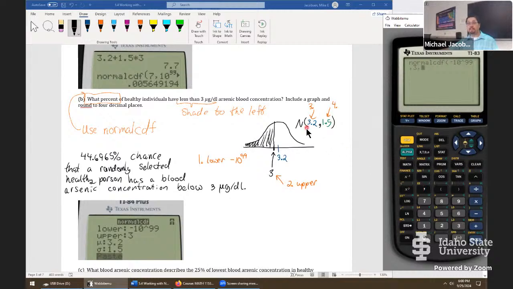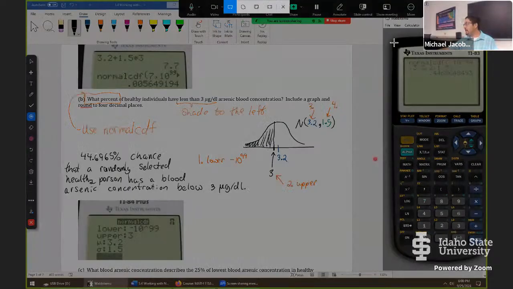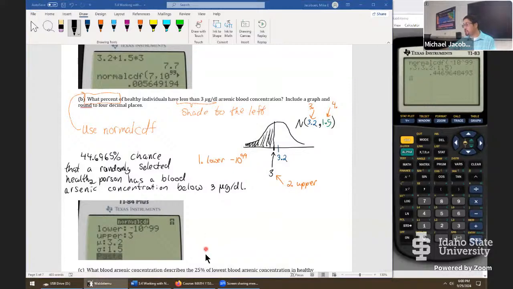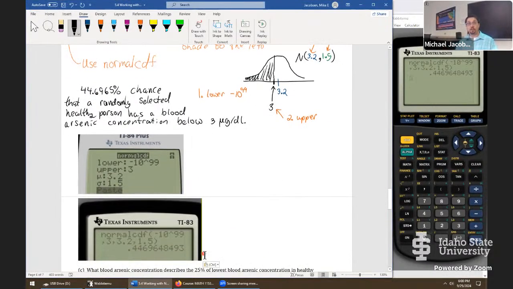Now we're putting in the mean, 3.2. Comma again, and finally 1.5. So in the TI-83, this is what it should look like. Hit enter, and we get the same value as before. So let me put that down as just an extra screenshot. For TI-83 calculators and calculators very similar to it, your input probably looks something like this.